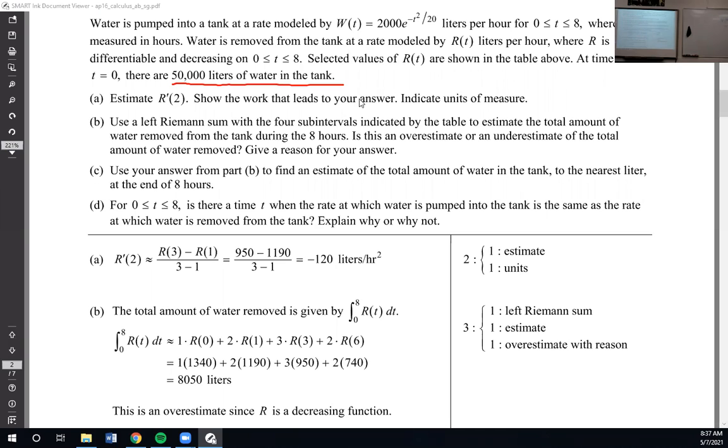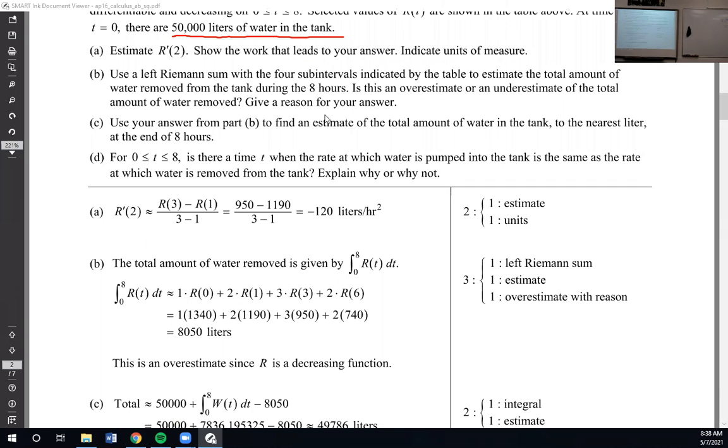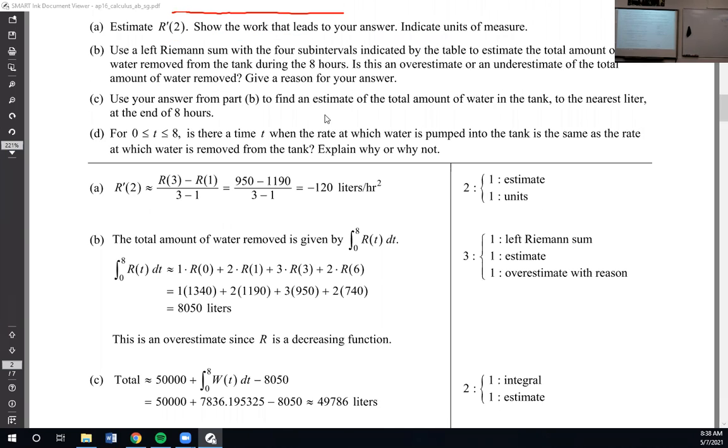Our rate in is W of t, so we're going to add that integral, and then we're going to subtract the rate out, which is what we found with the Riemann sum. So these are integrals that we are using because we are going from a rate back to an amount.